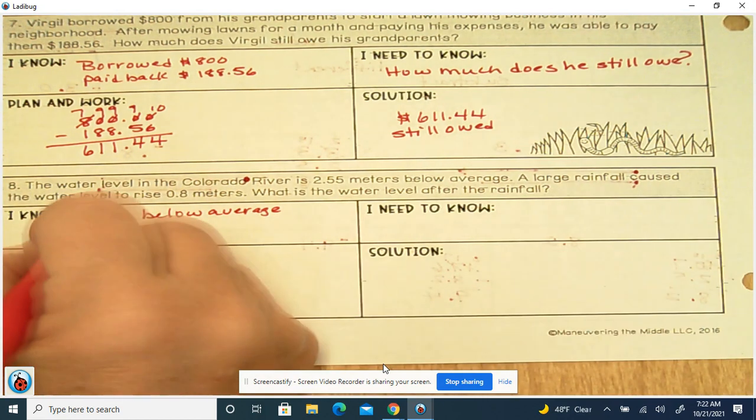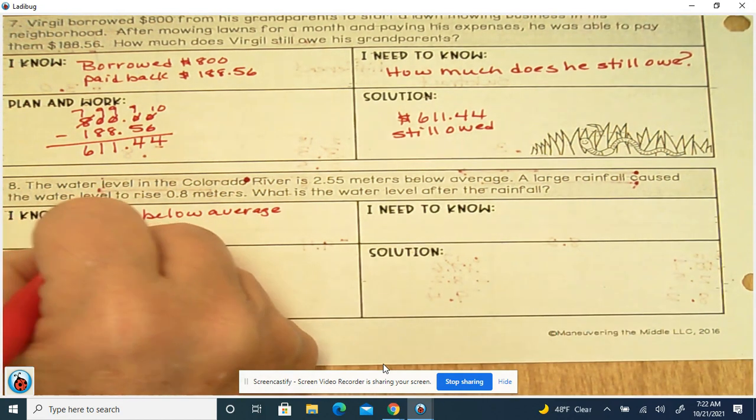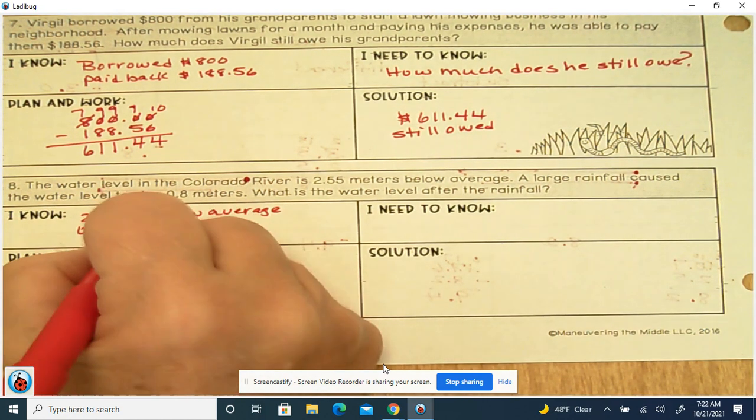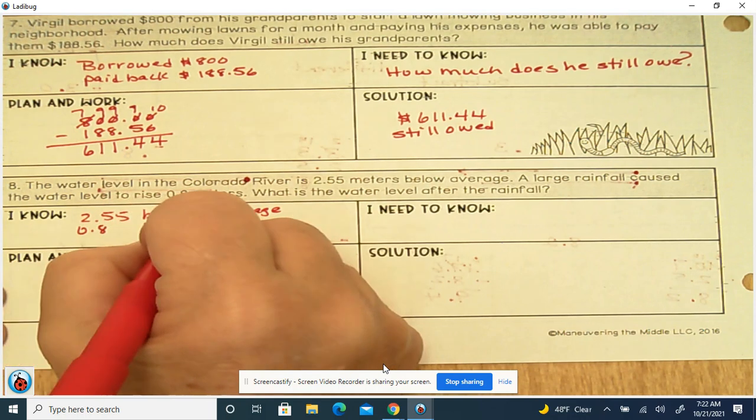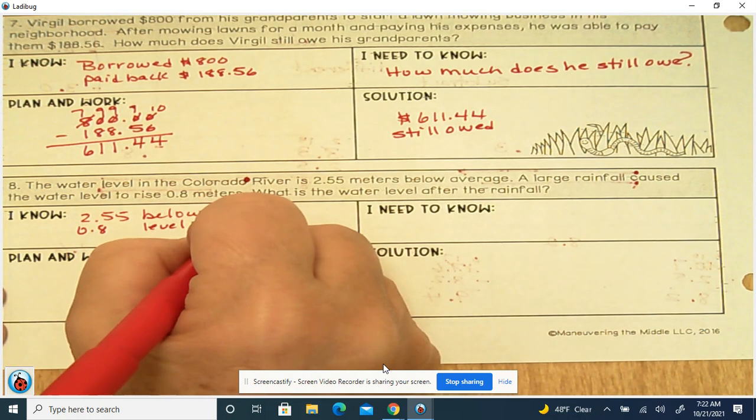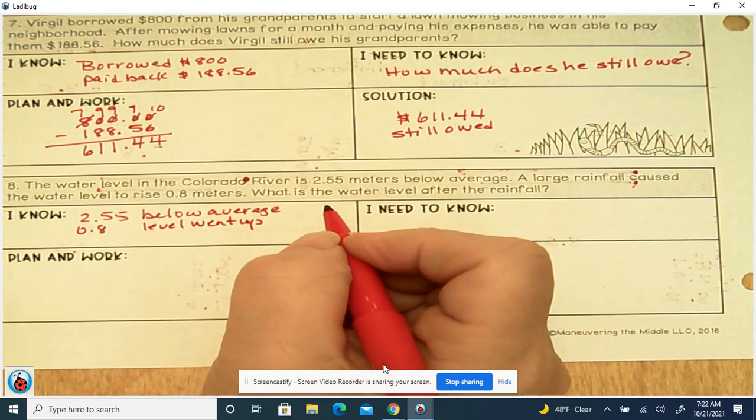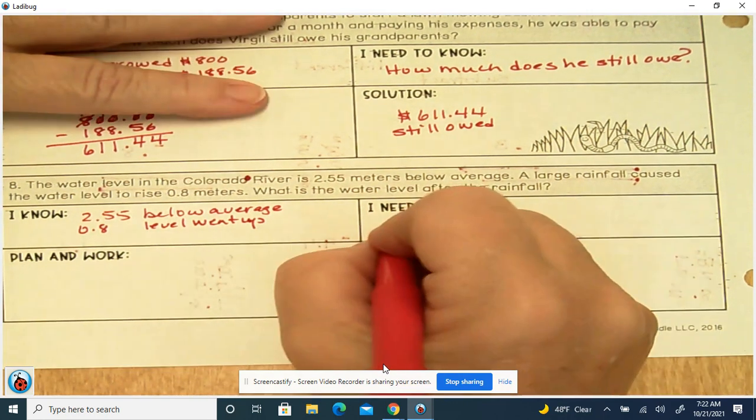And the water level rose 0.8. So the level went up. What we need to know is what's the water level now?